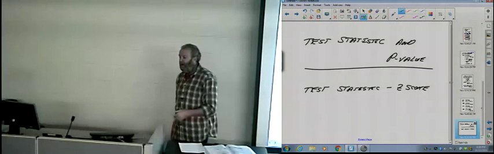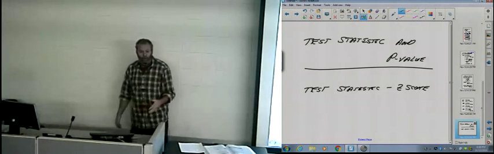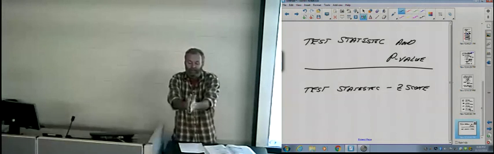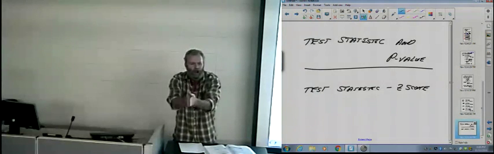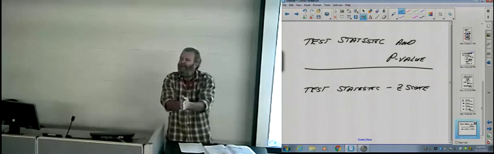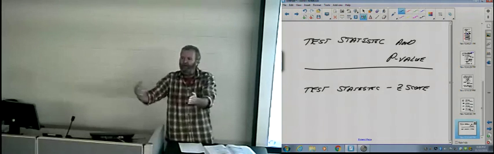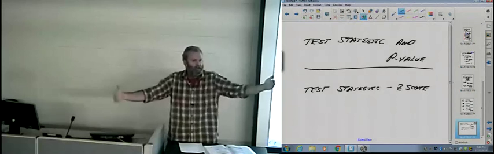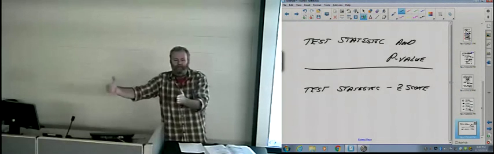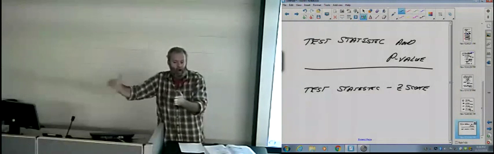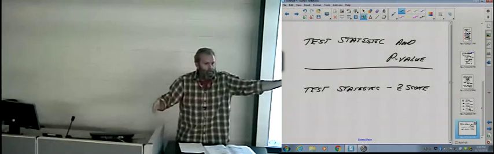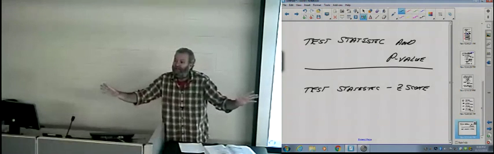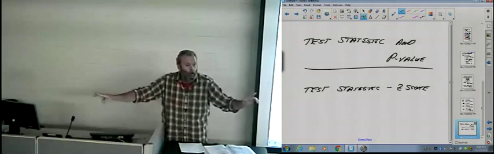One more time and then we'll go home. The null hypothesis says mu is equal to something. If you're centered right here, you're going to calculate a z-score. The x bar is going to be given to you, so your x bar is either here or it's here. The further out the tail your x bar is, that way or that way, the larger your test statistic, the larger the z-score is going to be.